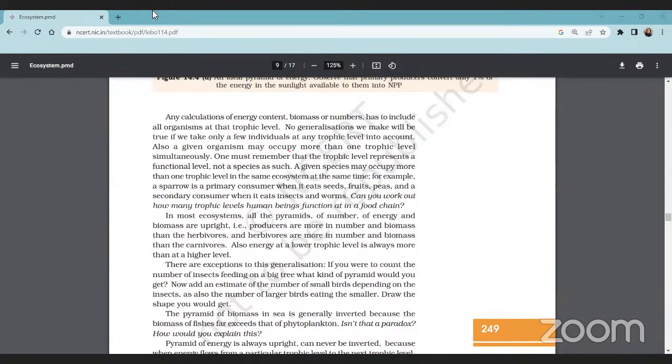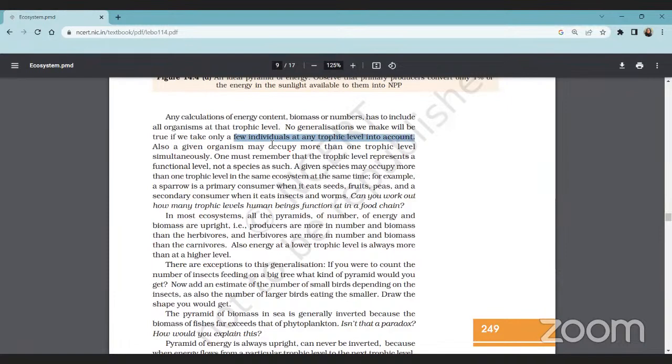In any calculation of energy content, biomass or number, one has to include all the organisms at the trophic levels, not only a few individuals at any trophic level.